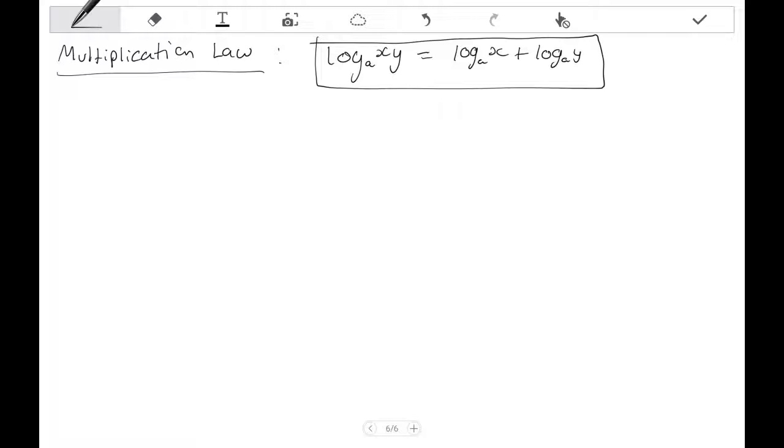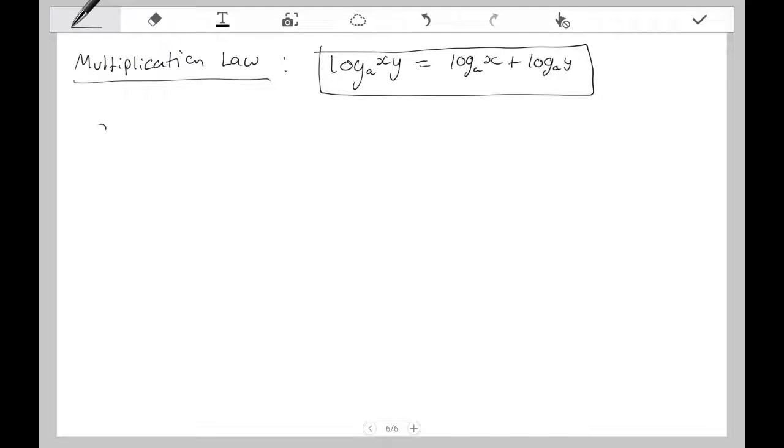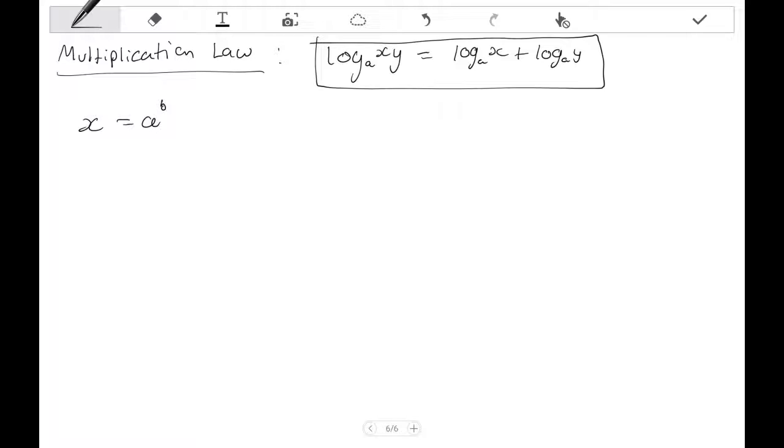The way that we're going to do this is we're going to set something up. So we're going to let x equal a to the power of b. Now because of our definition of a log, we can also write this statement as log base a of x is equal to b.